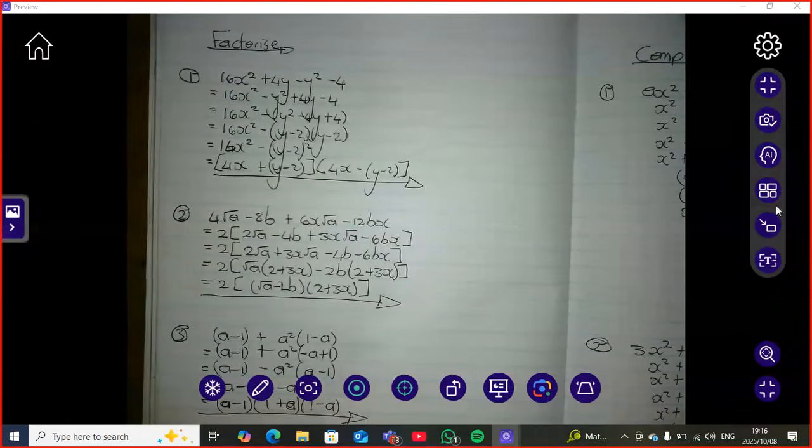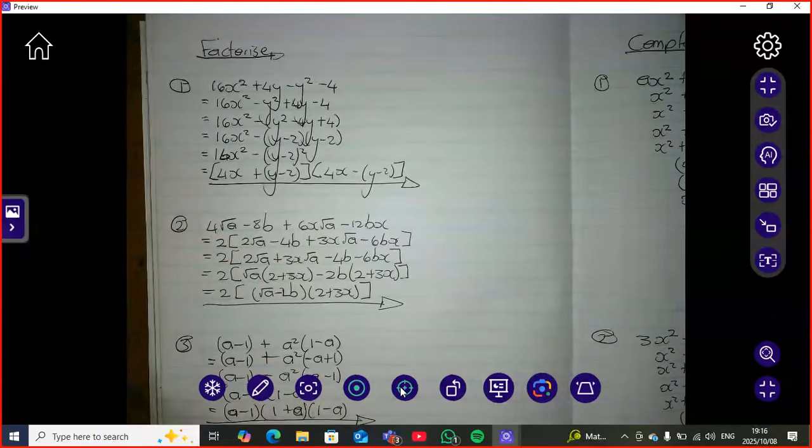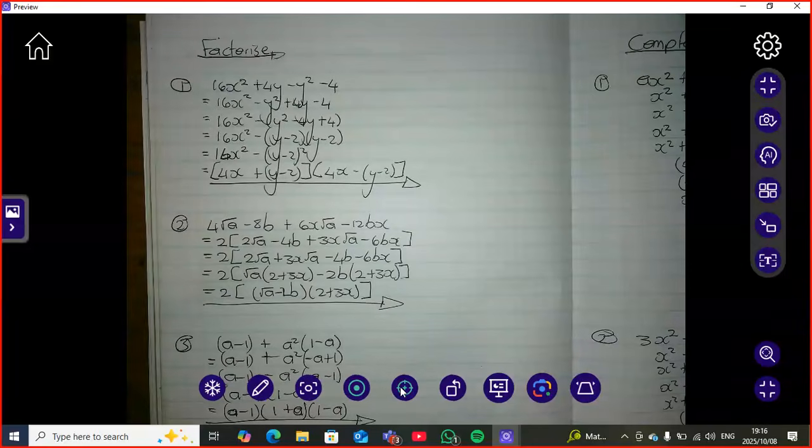You're struggling to see. Yo, I'm seeing it perfectly. Can everyone else not see? Maybe your screen's upside down.